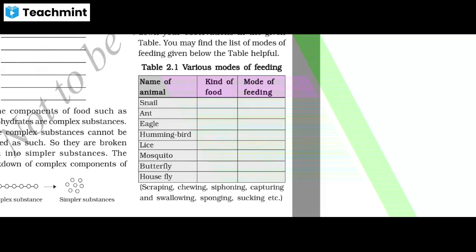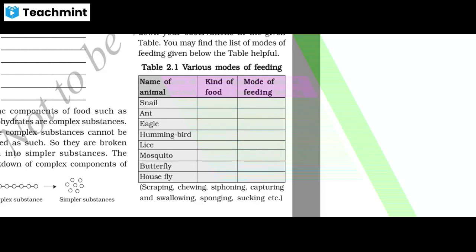We can find it everywhere and in all the food items, right? So almost all kinds of food. And the mode of feeding of the housefly is also siphoning.